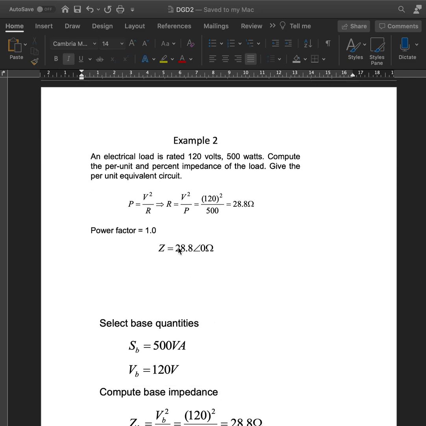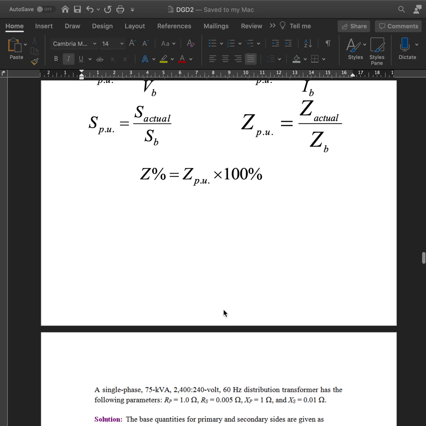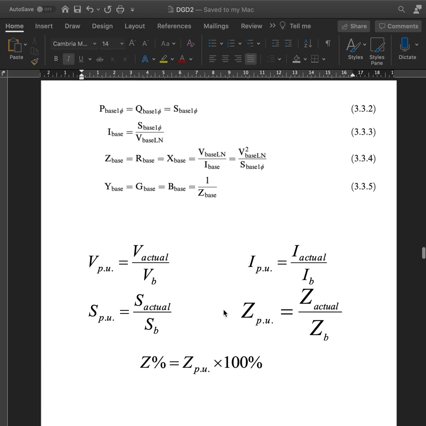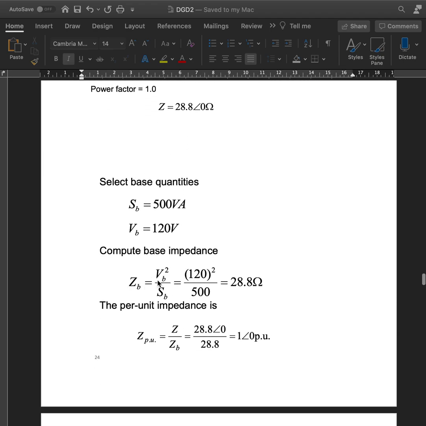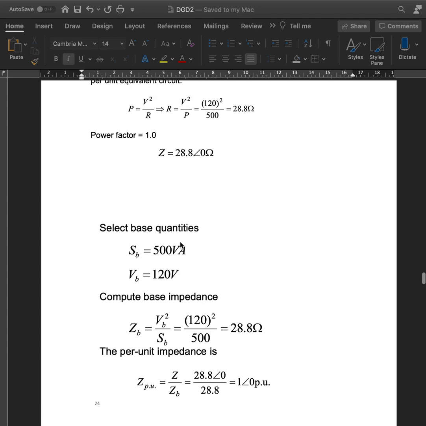Then we select some base quantities according to what we want. So we selected S base to be 500 volt-amperes, and then V base is equal to 120 volts. To compute the base impedance, we use the formula right there, V actual over V base. So the base impedance is V base squared, which is 120 squared, over the power, which is 500 at this point.